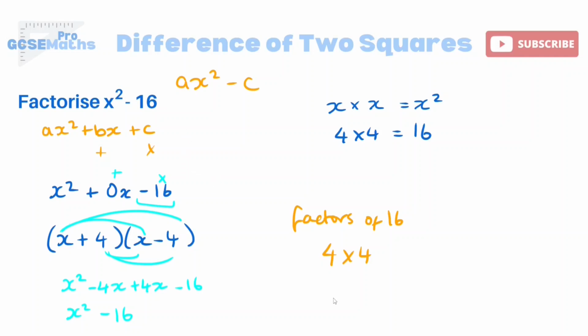You need to do 2 brackets, one a plus, one a minus, and just the square root of each of these. So obviously the square root of x squared is x, and the square root of 16 is 4. You're not even having to really think about trial and error or anything. Obviously, I've just shown you how it works. But my point is, if I saw this question, immediately I'm thinking, right, x plus 4, x minus 4. I'm not even having to actually work it out, if that makes sense.